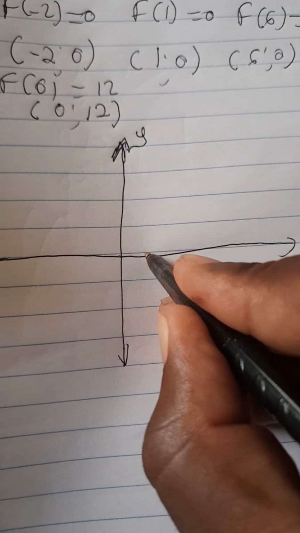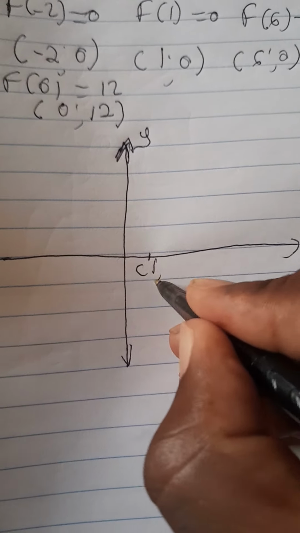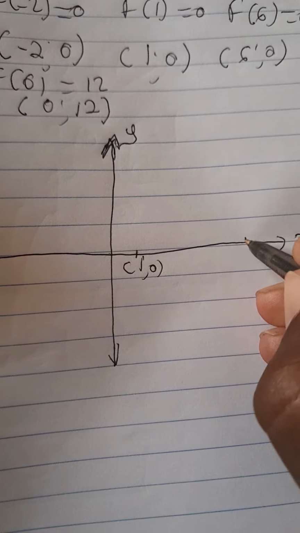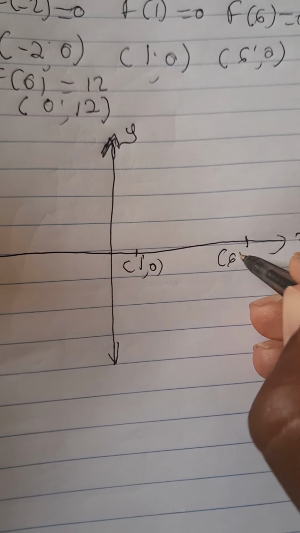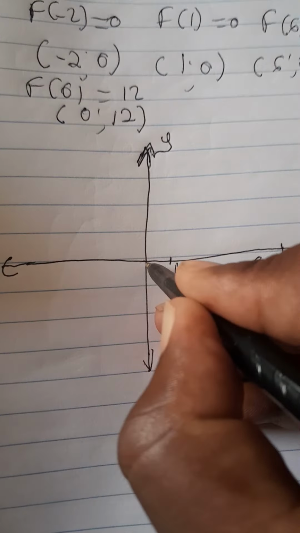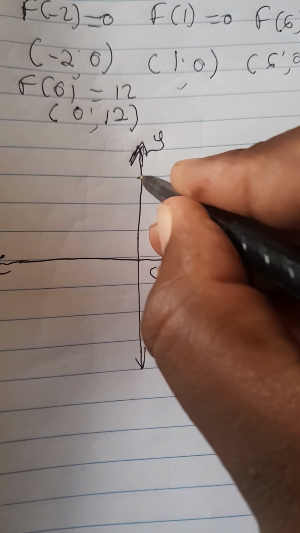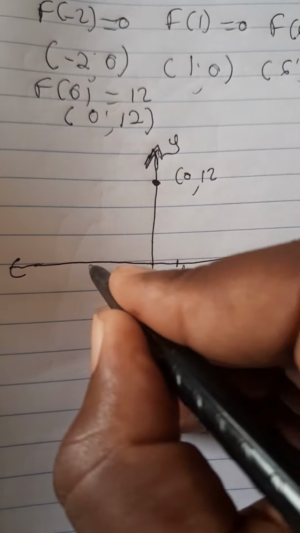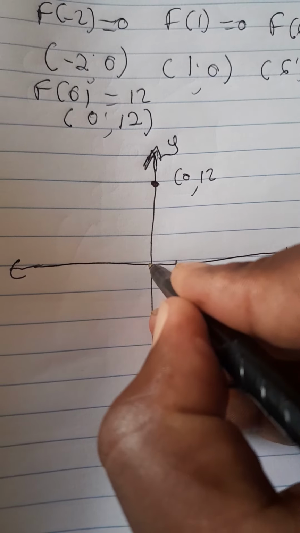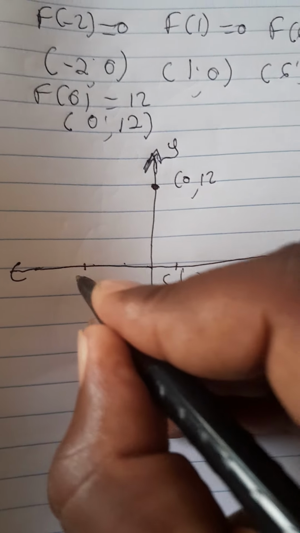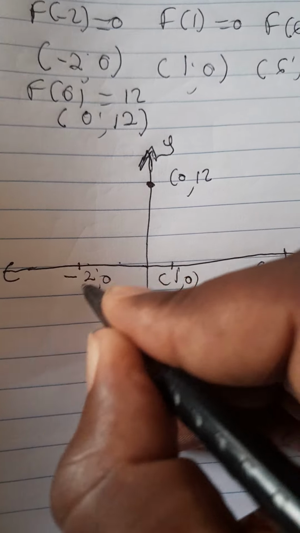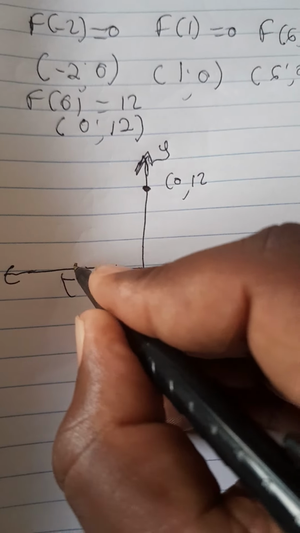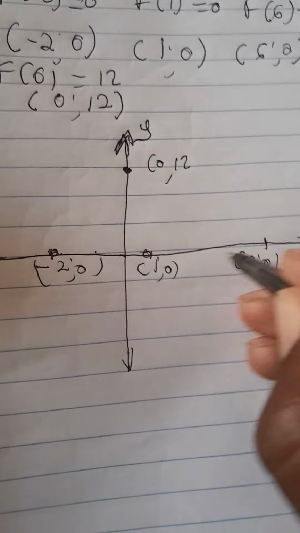Then we know (1, 0), and we have (6, 0) somewhere here. We have (0, 12), definitely somewhere here. We also have 0, -1, -2, so we have (-2, 0). So these are the coordinates that we're having, right?